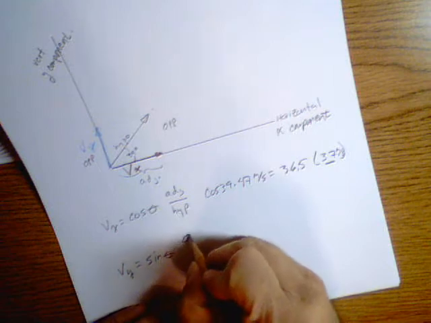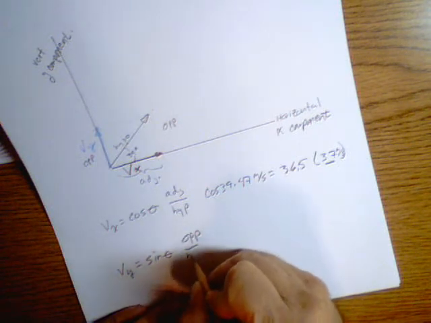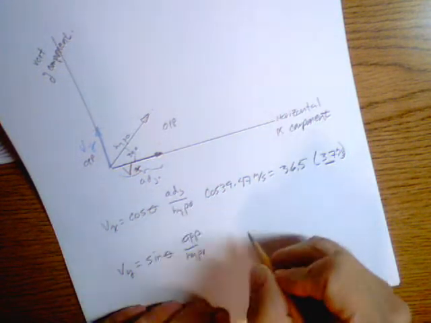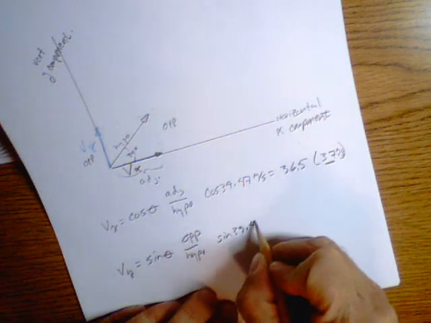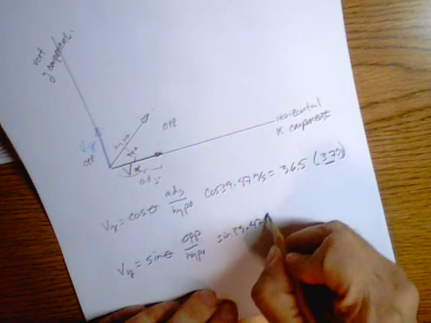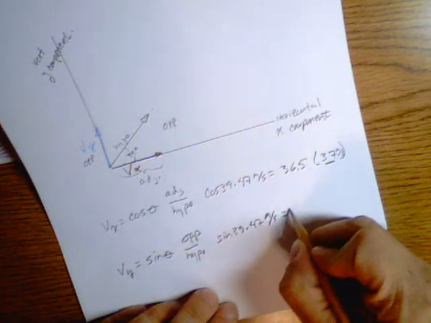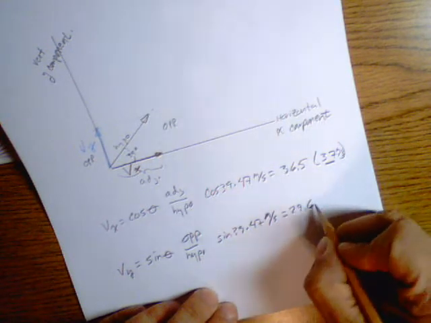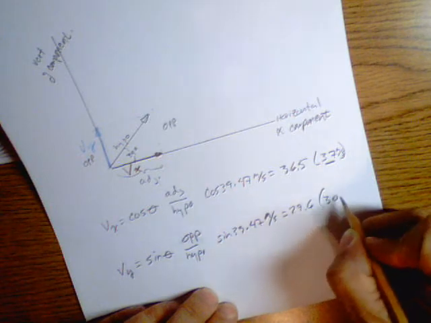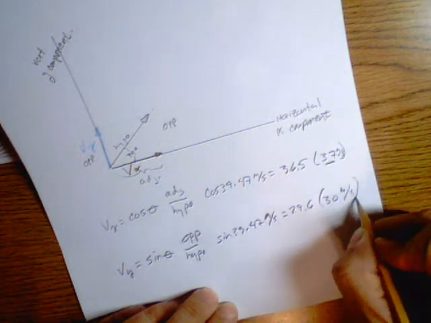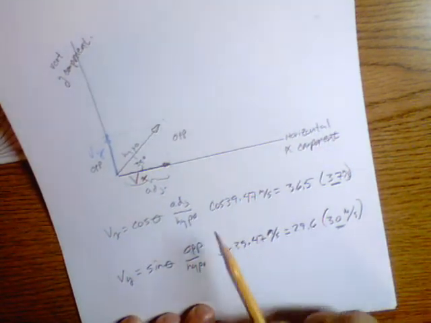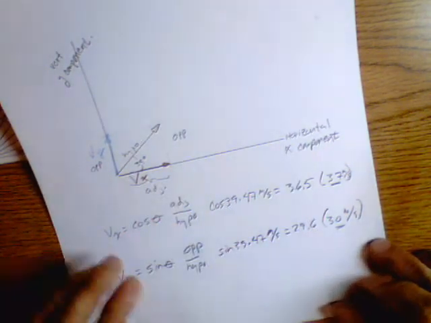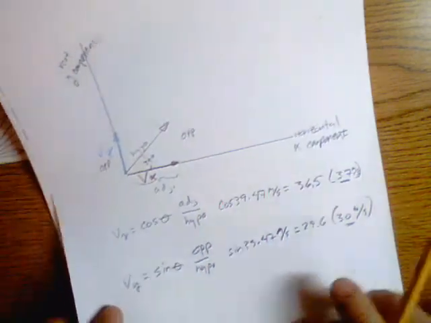This is opposite over hypotenuse, so it would be sine of 39 times 47 meters per second equals 29.6, and we should just use 2 sig figs and call it 30 meters per second. So we just resolved and found the y and the x components of that vector.